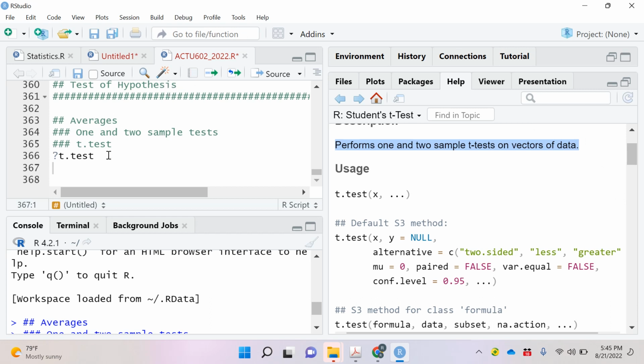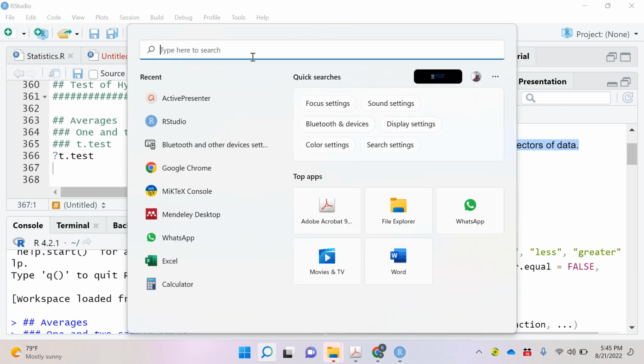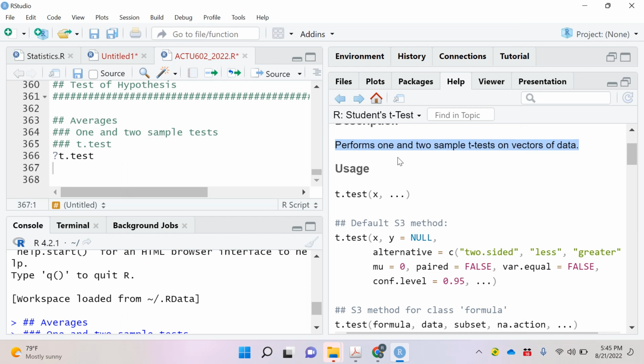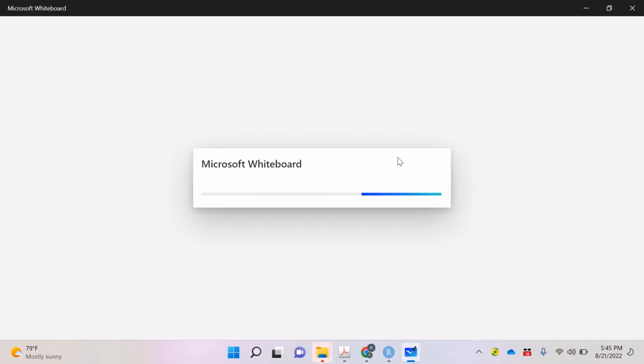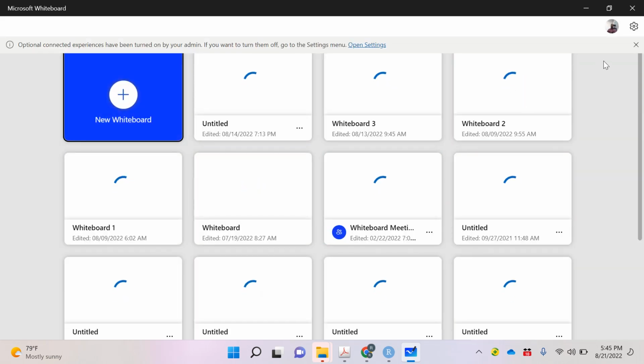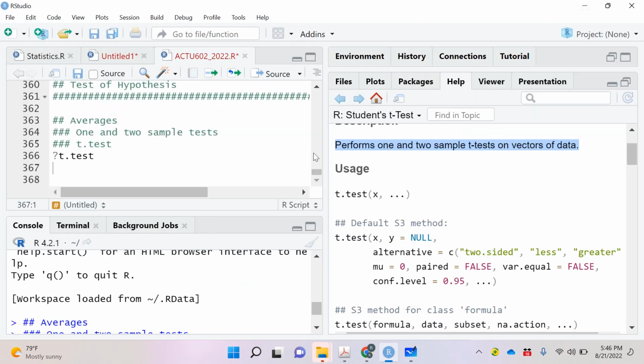So if you want to do a t-test, for the one sample, it means that I'll have a sample.